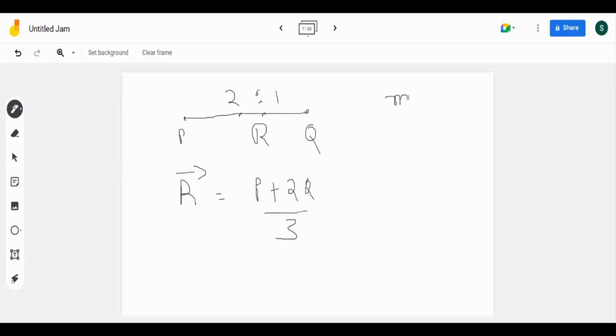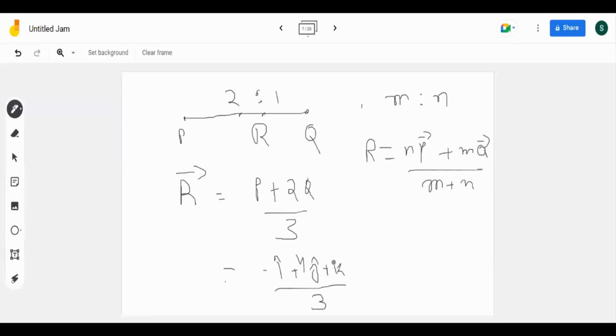If P and Q are divided in the ratio m to n, then R will be n times P plus m times Q by m plus n. If you know this formula, you can directly apply it and find that P plus 2Q by 3 gives nothing but minus i plus 4j plus k by 3.